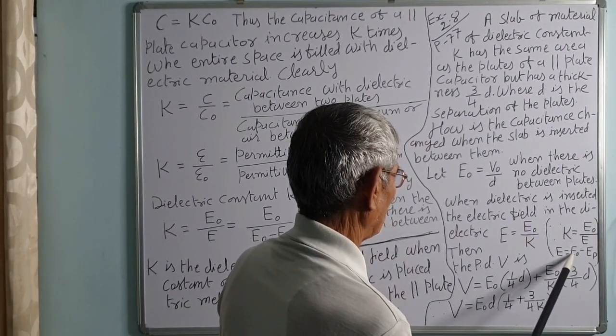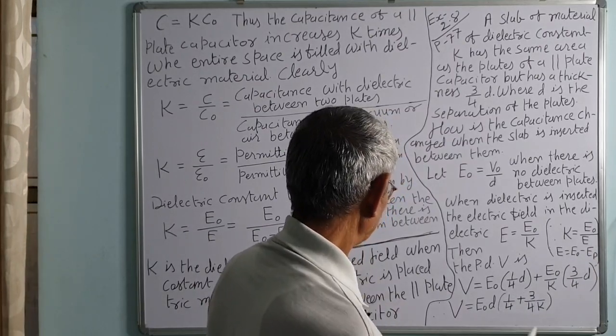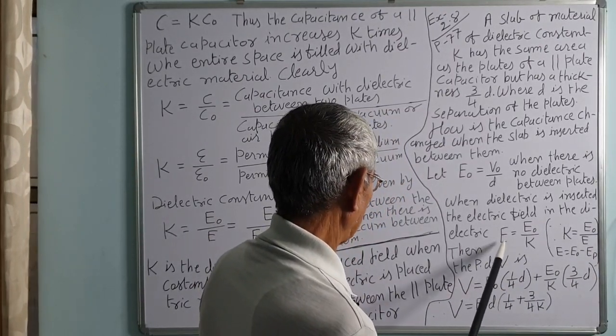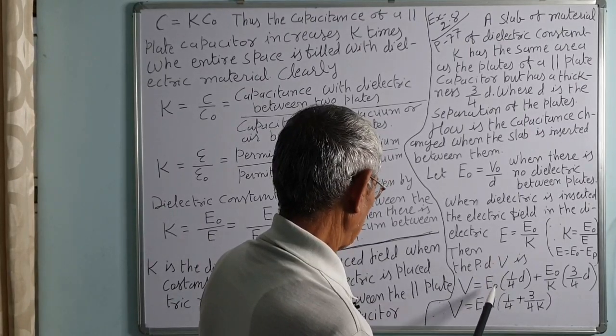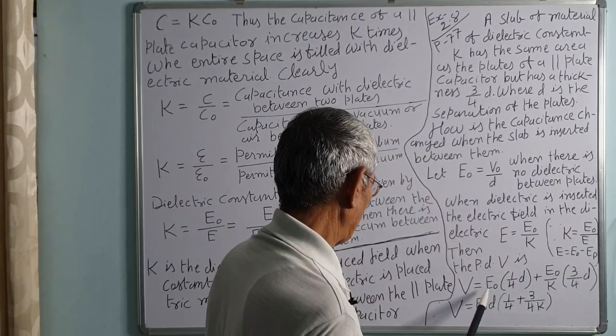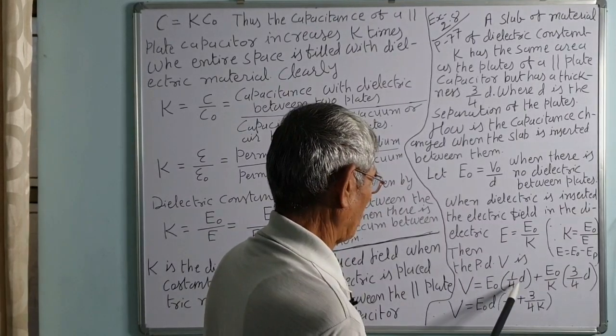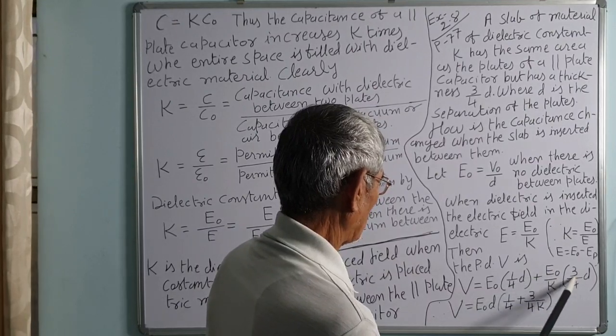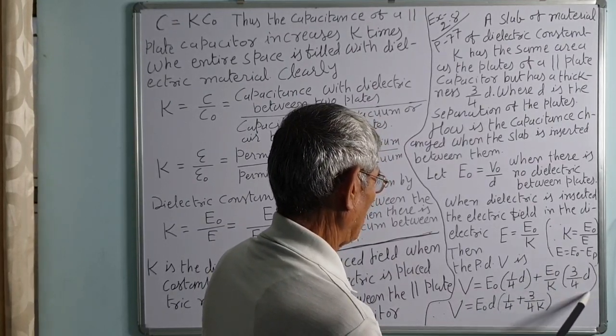So, E is equal to E0 minus EP. Then the potential difference V is, now E is changed. So, V is equal to E0 in the 1/4 portion of the width, that is 1/4 D, and 3/4 D is covered by the dielectric.